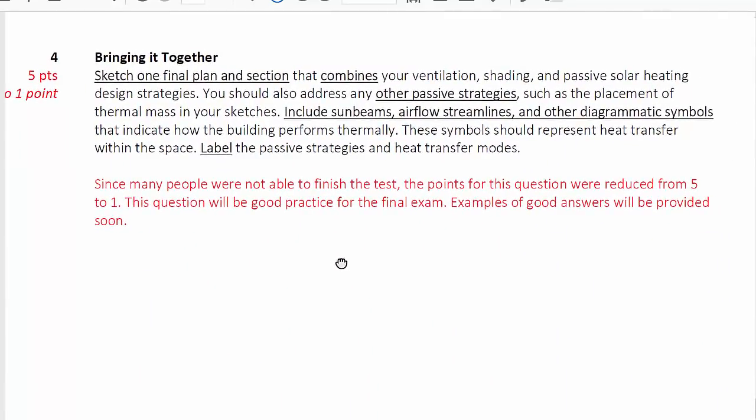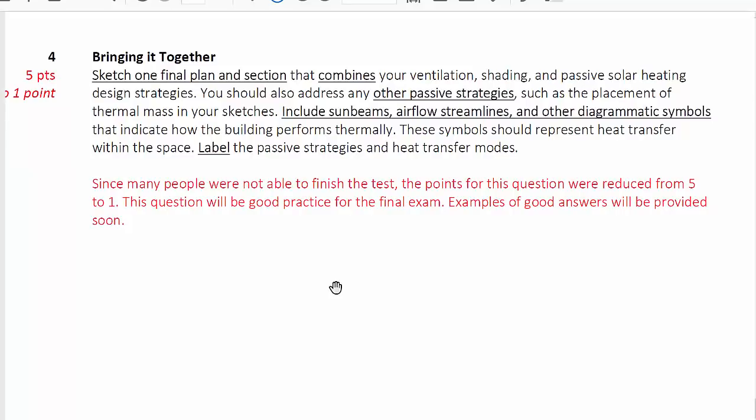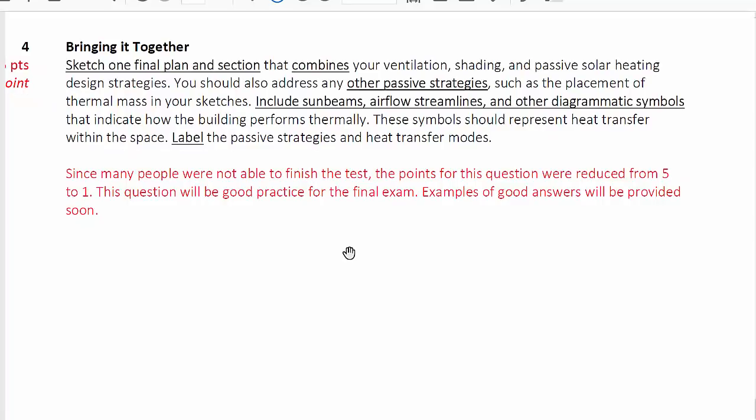And then for the last question, bringing it together, we actually didn't really grade this, but this is a good question to practice for in preparation for the final exam. So try to go ahead and sketch a plan and section that looks back at the psychrometric chart from earlier in the test and tries to understand ventilation, shading, passive solar heating, any other passive strategies, and really looks at how do you place thermal mass so that your passive solar heating strategy works, and also any passive cooling strategies might work.